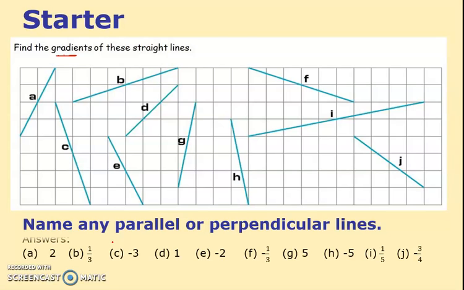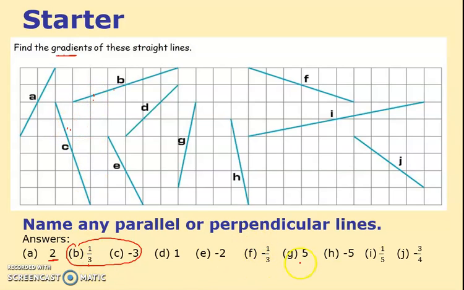Okay, here you go. Here are the answers. Right, which ones are parallel and perpendicular? So the ones I'm interested in are like that one, 2. B and C, I think they're interesting. I think those two are perpendicular.